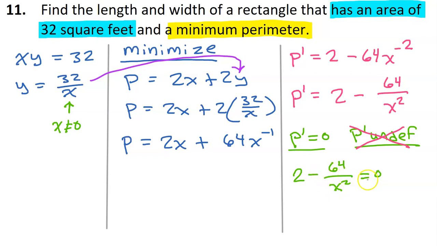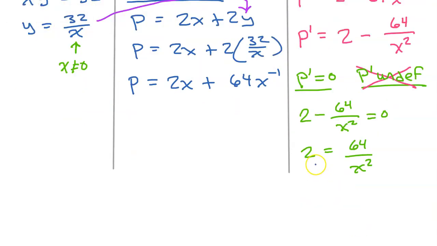Adding 64 over x squared to both sides, we get 2 equals 64 over x squared. A nice shortcut is that we can always swap these, and we end up with x squared is equal to 64 divided by 2.